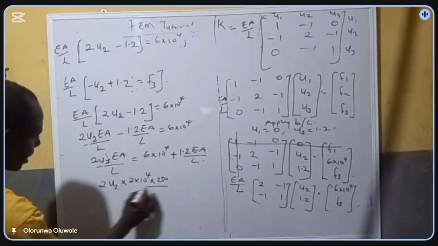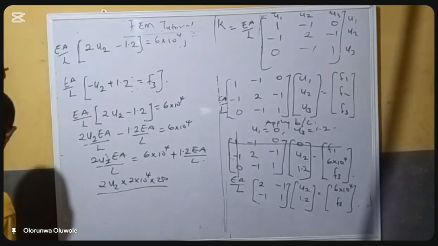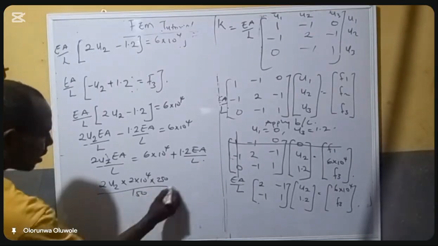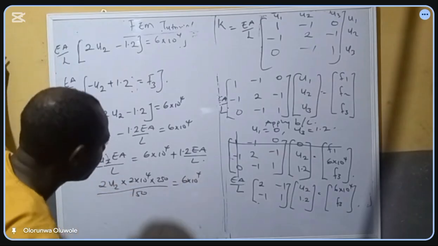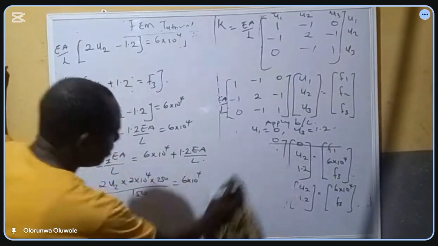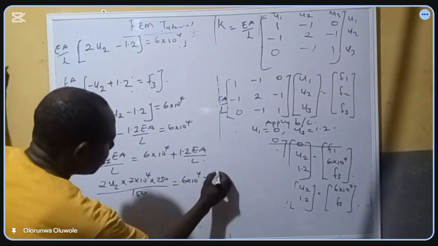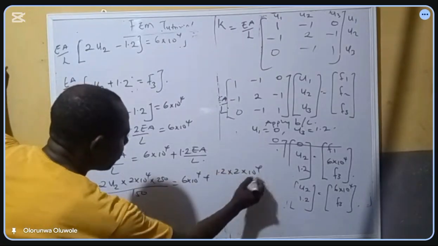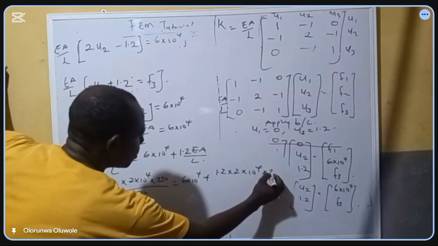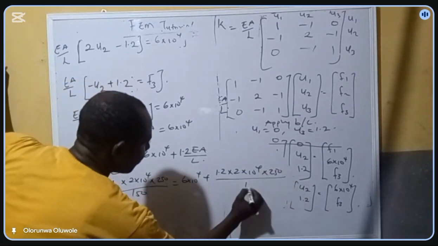All over, what is my L? 150. Equals 6 times 10 to the power 4 plus 1.2 times 2 times 10 to the power 4 times 250 all over 150.